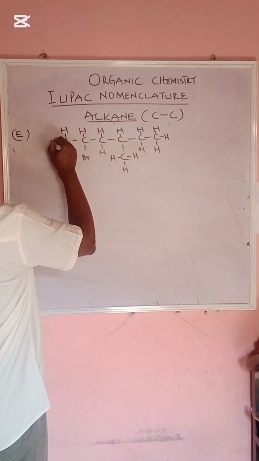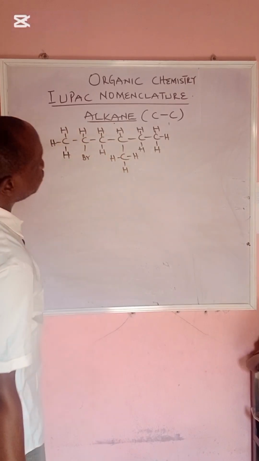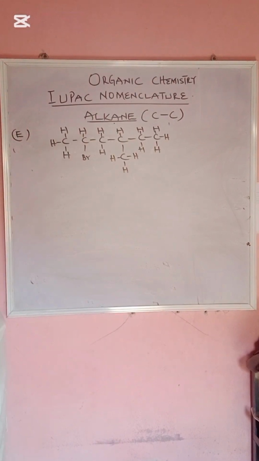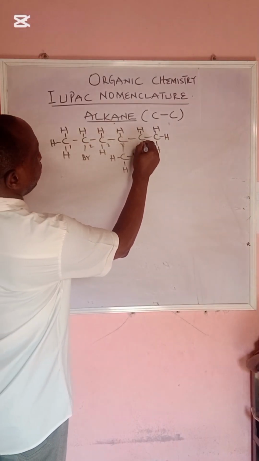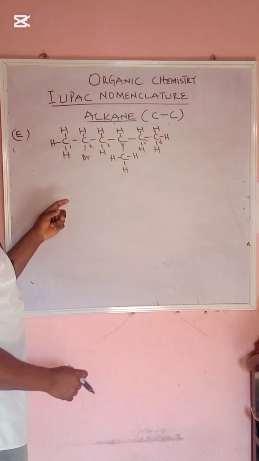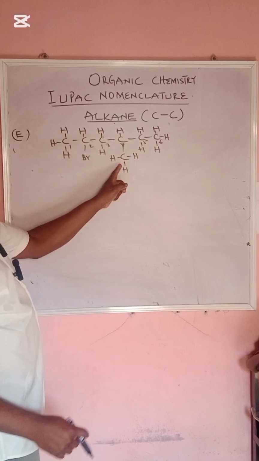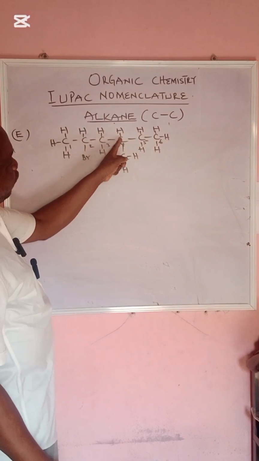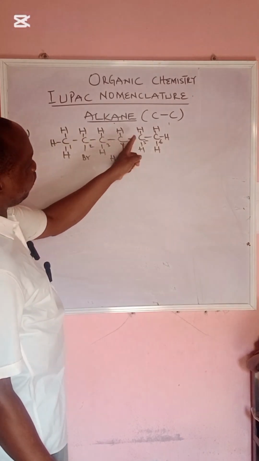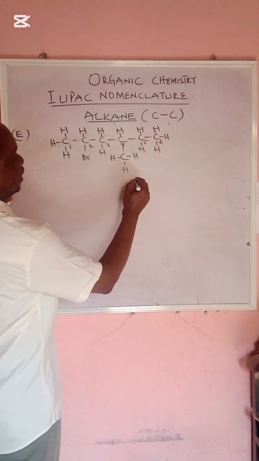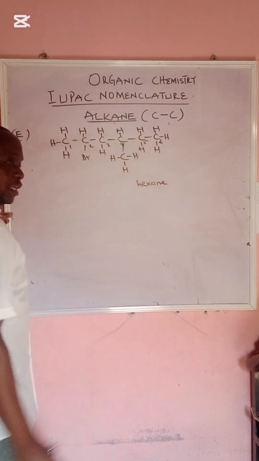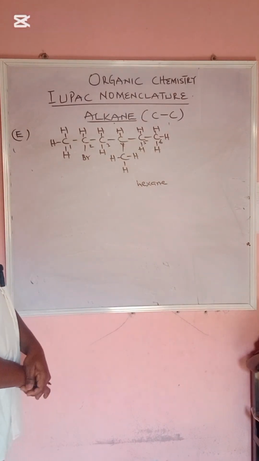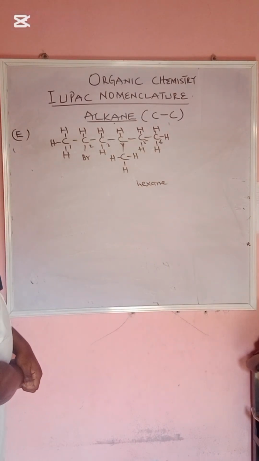Let's see the longest. When you're counting from left to right, this will be 1, 2, 3, 4, 5, 6. Or 1, 2, 3, 4, 5. So the longest is 6. That is hexane. We have done it when the number of carbon atoms is 6. We call it hex. That is the prefix. Hexane. So 1, 2, 3, 4, 5, 6.